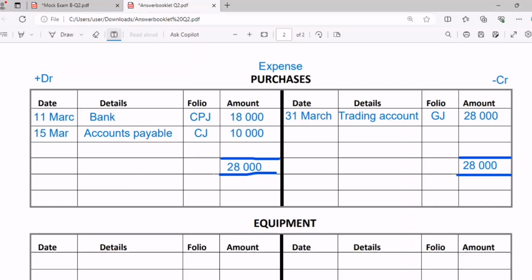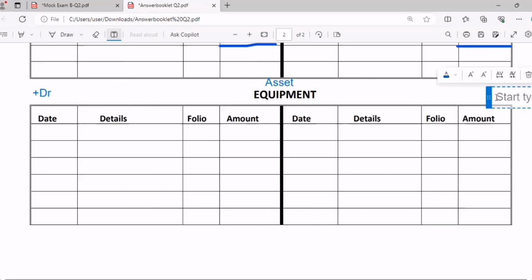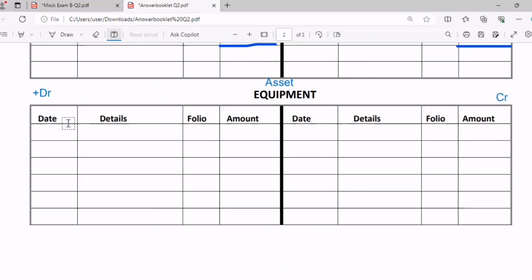And then the last one is the equipment. So guys, this one is an asset. Equipment is an asset. We know that assets are positive on the debit side and negative on the credit side. Obviously, the opening balance will be on the debit side.